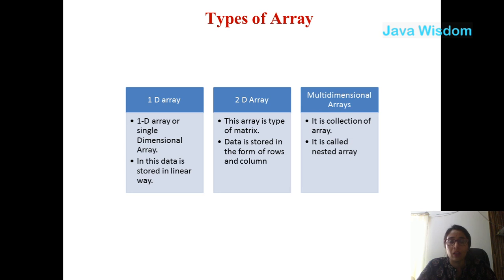Two-dimensional array, what exactly it means is that the array is holding data in two dimensions. Two dimensions can be rows and columns. Many times this two-dimensional array is also known as a type of matrix, which contains rows and columns. Same like we can say a Rubik's cube. If we take a single face or single surface of a Rubik's cube, it has rows and columns.